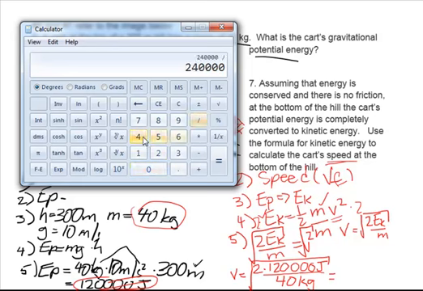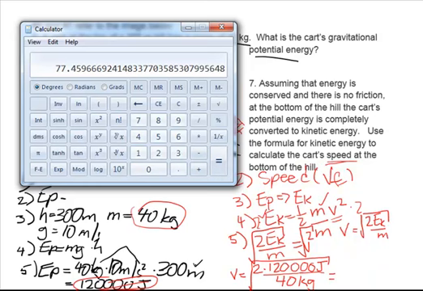Divide that by our 40 kilograms, which gives me 6,000. I need to take the square root of that. I first hit this button, then 2 to indicate the square root, and equals.